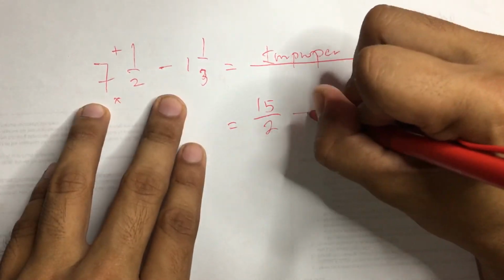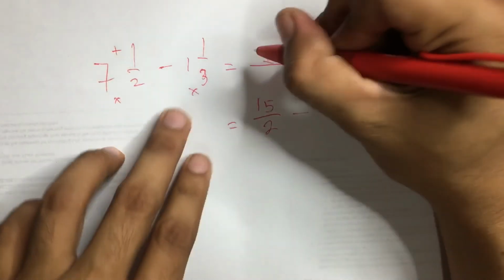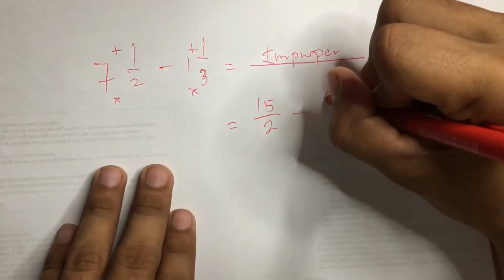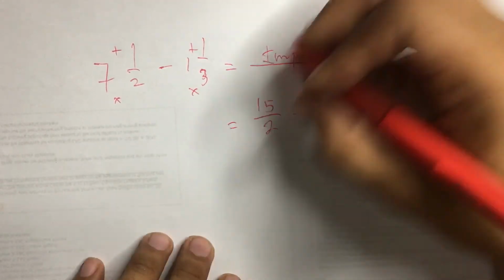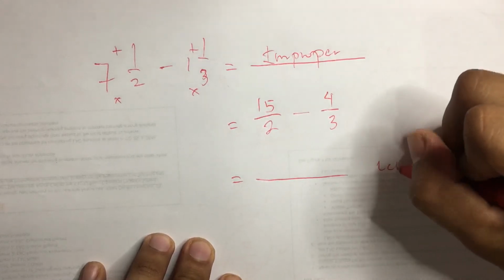Then copy the symbol, negative or minus. 1 times 3 is 3, plus 1 is 4, over the denominator 3.